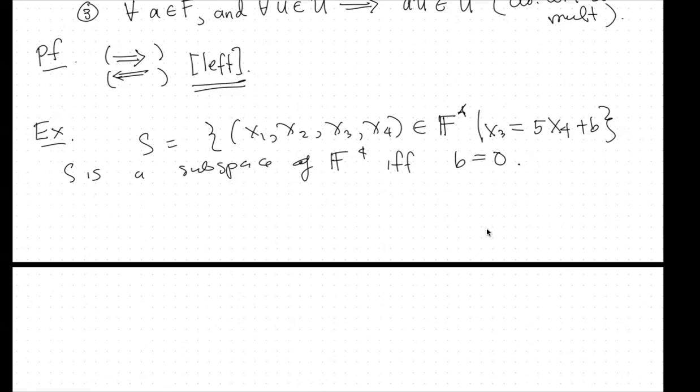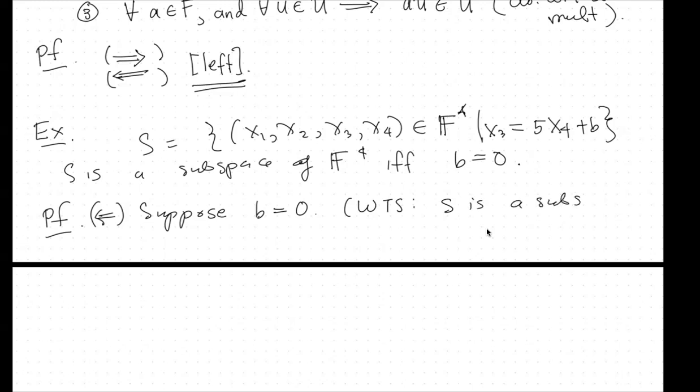So how do you show that S is a subspace, and assuming that S is a subspace, how do you show that b must be 0? Okay, so for the proof, we will go the other way. Suppose b is 0, then what we want to show is S is a subspace.